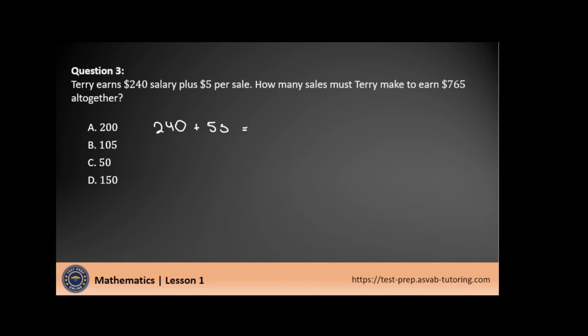In this problem, we want to know how many sales we need to make to earn $765, right? So the salary plus 5 times the number of sales equals 765. Now we want to solve for S. First, we'll subtract 240 from both sides. 5S equals 765 minus 240, which is 525.